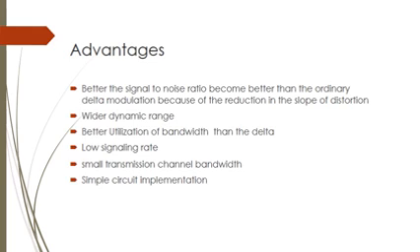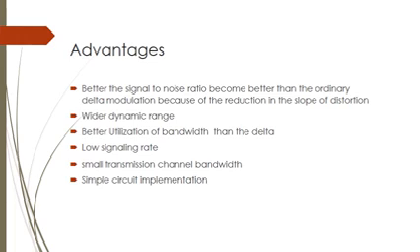Adaptive delta modulation has many advantages over delta modulation and pulse code modulation. The signal to noise ratio becomes better than ordinary delta modulation because of the reduction in slope overload distortion and idle noise. Because of the variable step size, the dynamic range of adaptive delta modulation is wider than delta modulation.